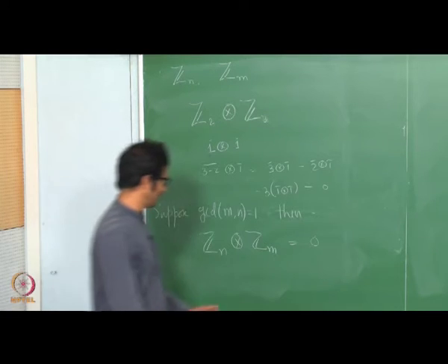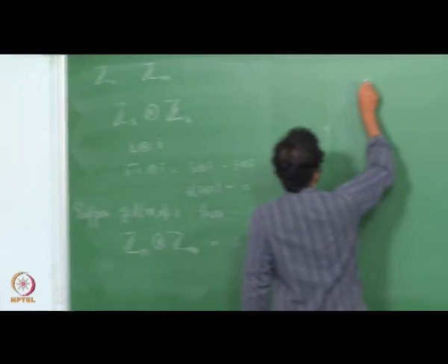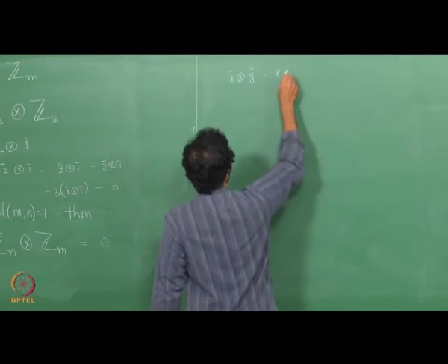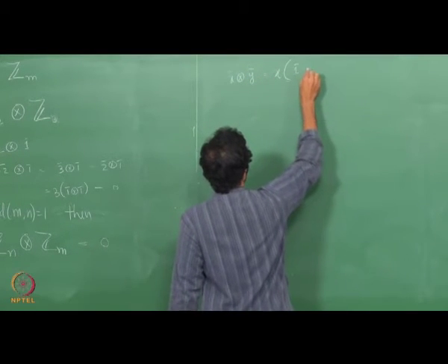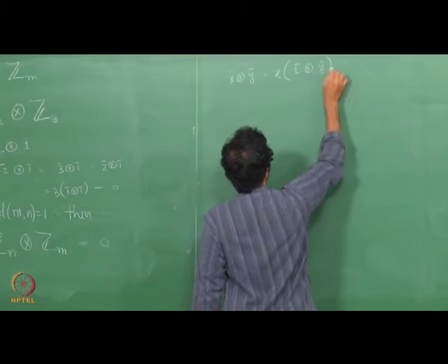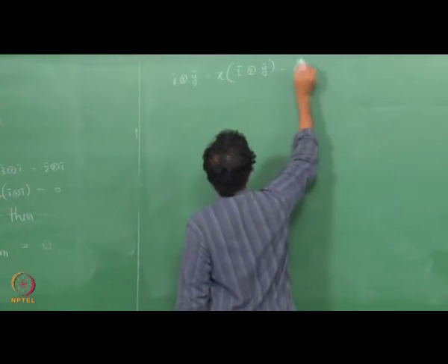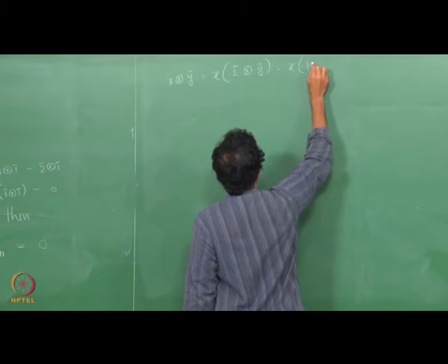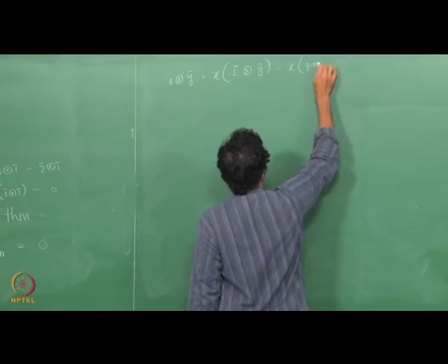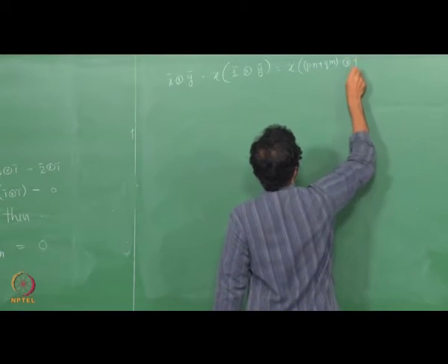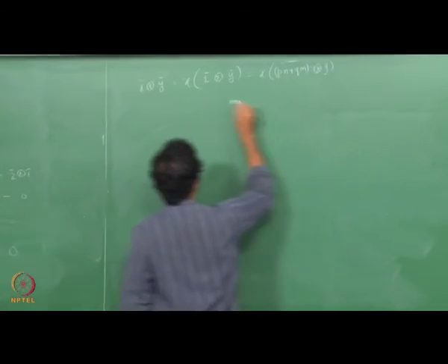How do you say that? You take any x bar tensor y bar. This I can write as x times 1 bar tensor y bar, but 1 bar is some pn plus qm, so (x times (pn plus qm)) bar tensor y bar.